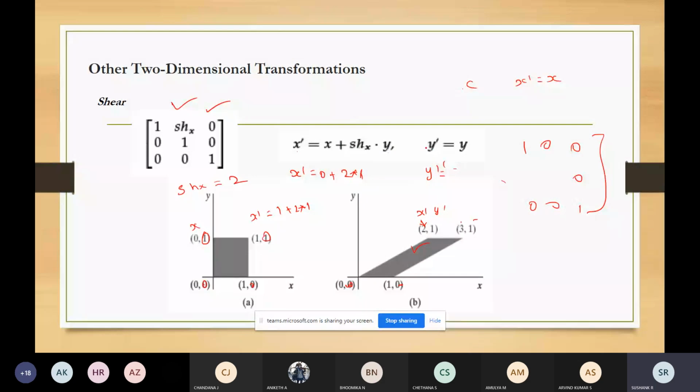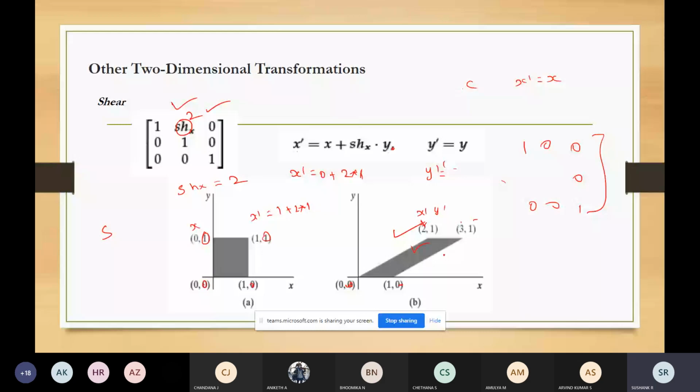This is just a comma, which got put up in the slide while I was copying. So using this formula, if I take the value of this as 2, you will get this equation.